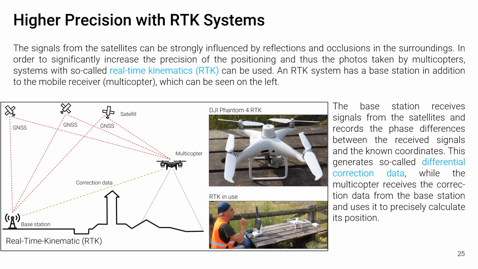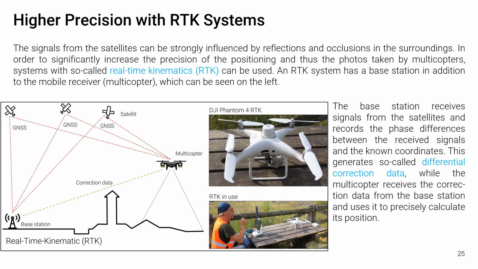An RTK system has a base station in addition to the mobile receiver, here a multicopter, which can be seen on the left. The base station receives signals from the satellites and records the phase differences between the received signals and the known coordinates. This generates so-called differential correction data, while the multicopter receives the correction data from the base station and uses it to precisely calculate its position.